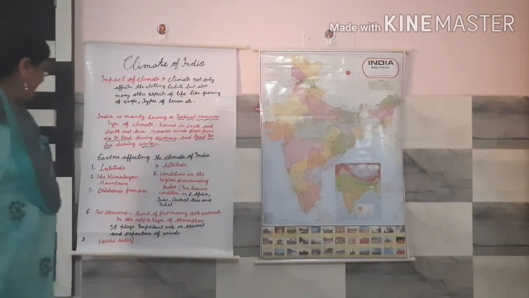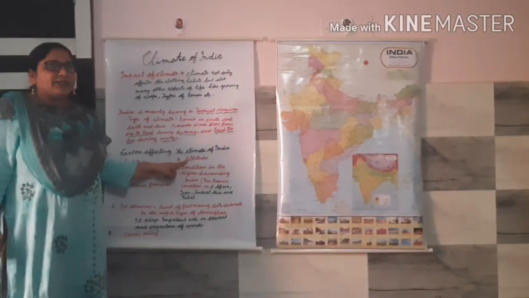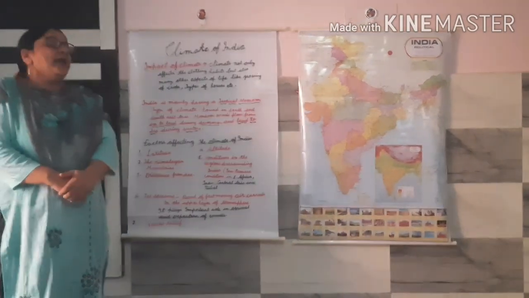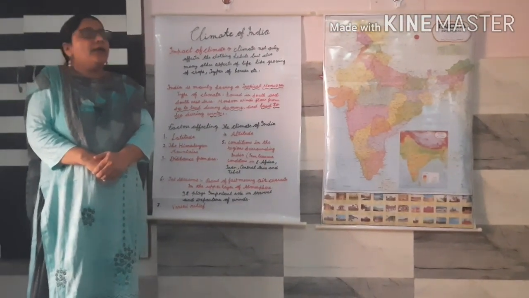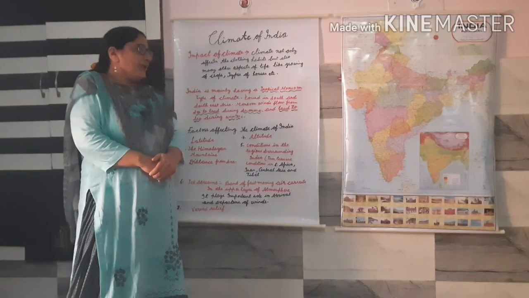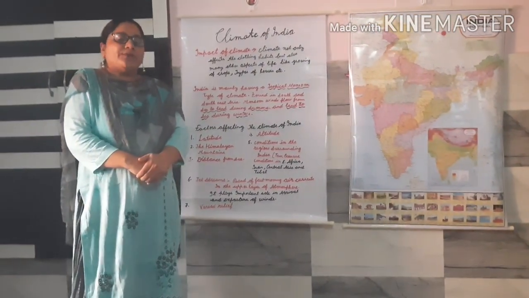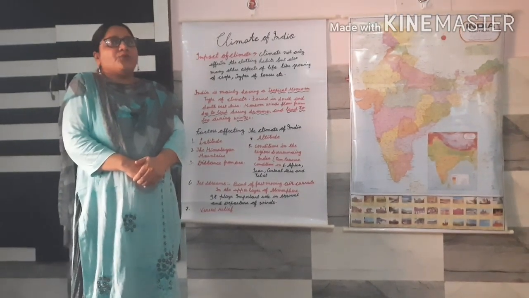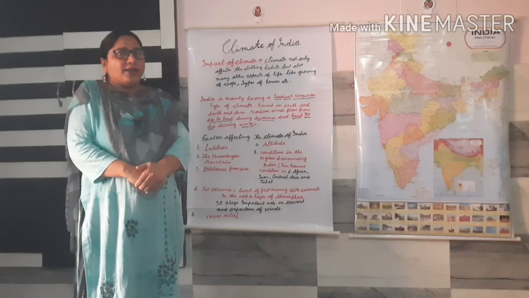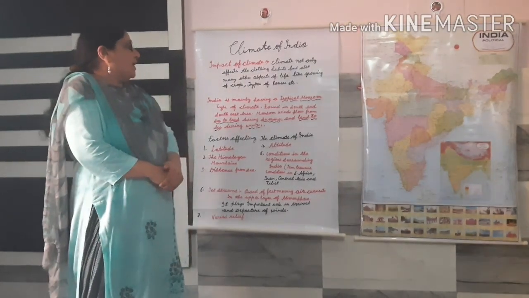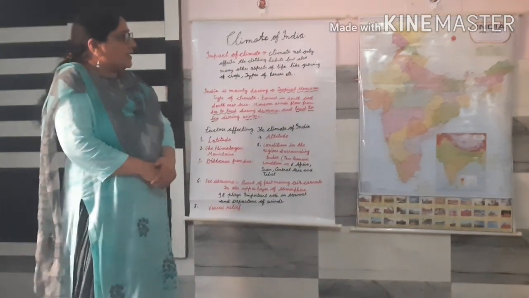After that, see, the fourth one is the altitude. What is the meaning of altitude? Altitude means height. As we all know, in the mountainous areas or in the Himalayan areas, the temperature is very low compared to the plain region, because as we move upward, at every height of 165 meters above sea level, the temperature reduces by 1 degree Celsius.